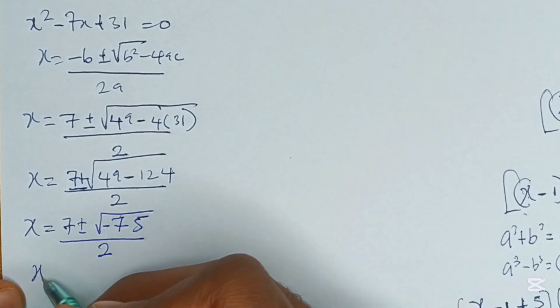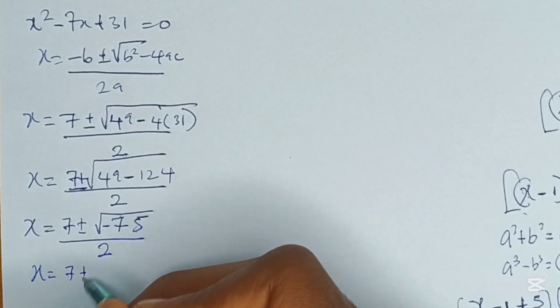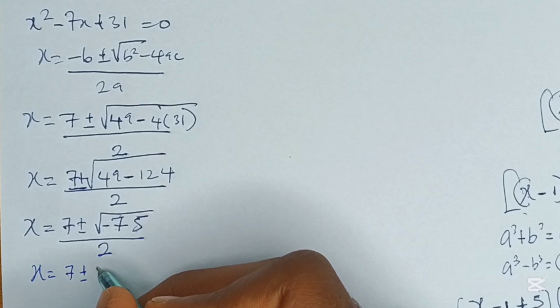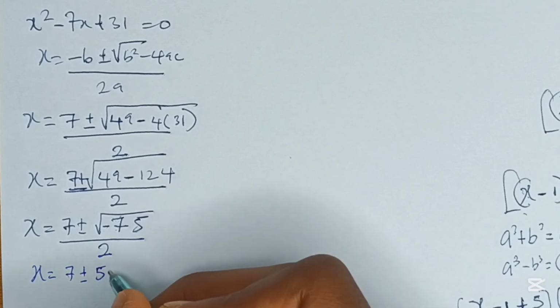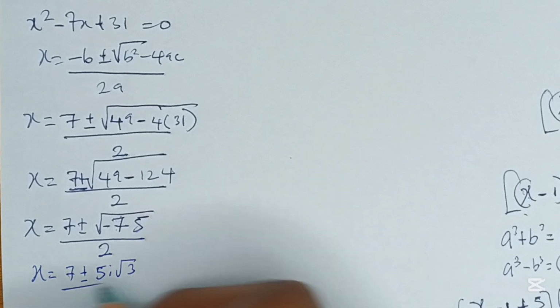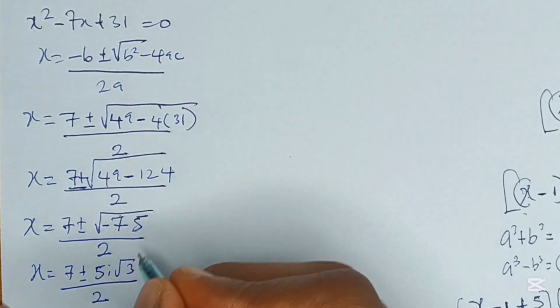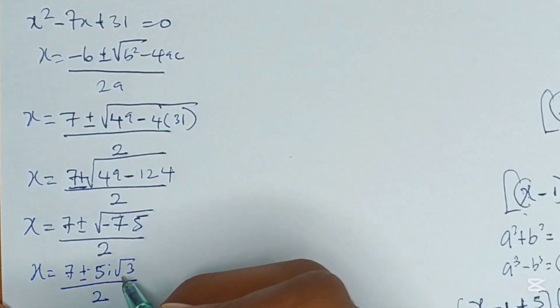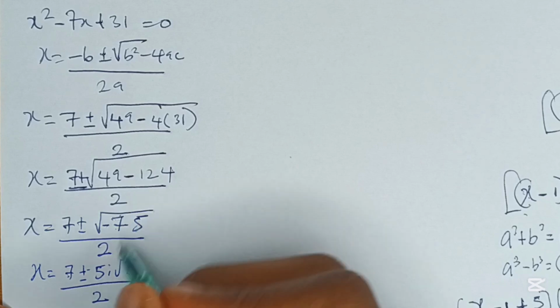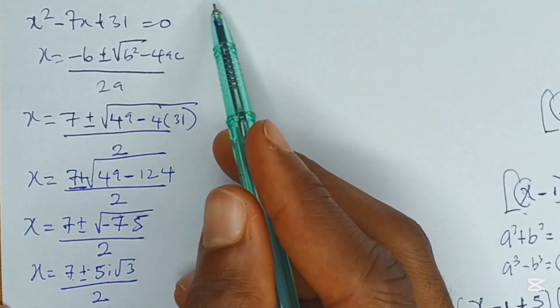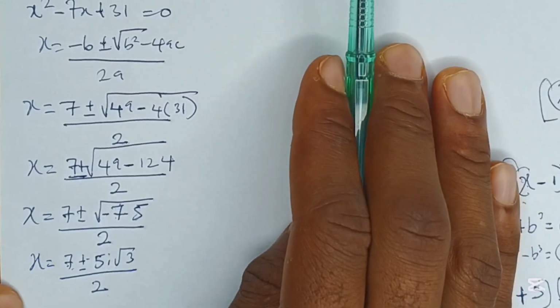Now x will be equal to 7 plus or minus 5i root 3 all over 2. So we have that x is either 7 plus 5i root 3 over 2, or 7 minus 5i root 3 over 2, or x is equal to minus 4, which is the first answer we had.